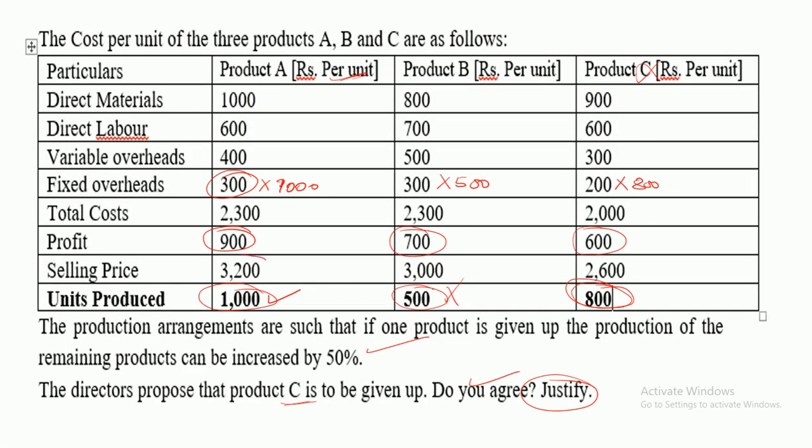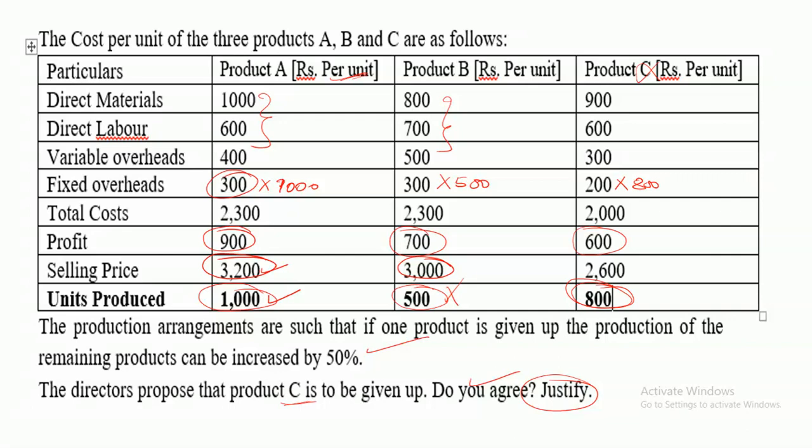Selling price is given here 3,200, and the variable costs are these: direct materials, direct labor, and variable overheads. The total of this, 3,200 minus 2,000, so it is 1,200.